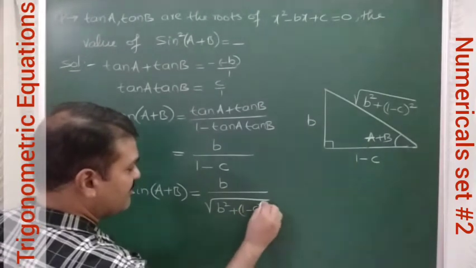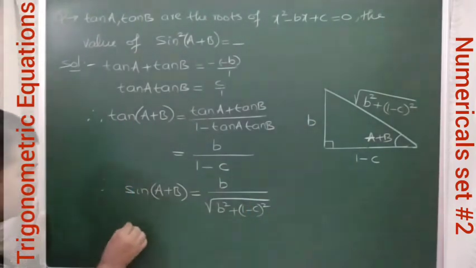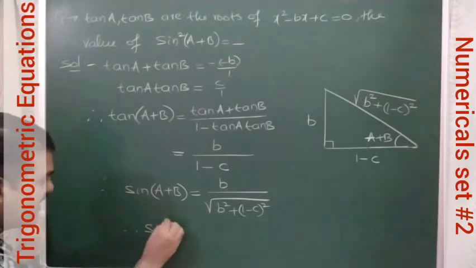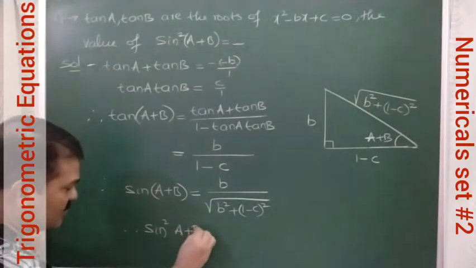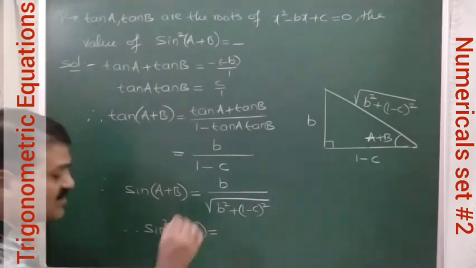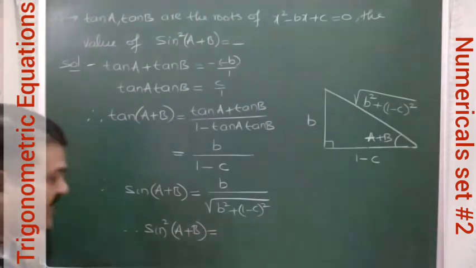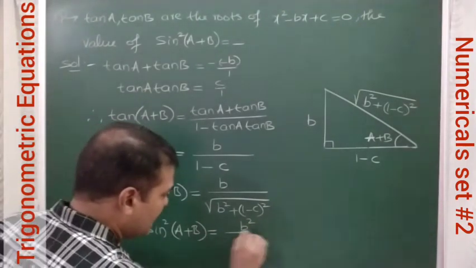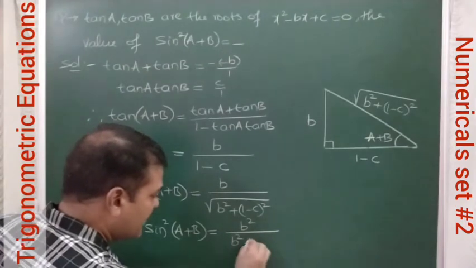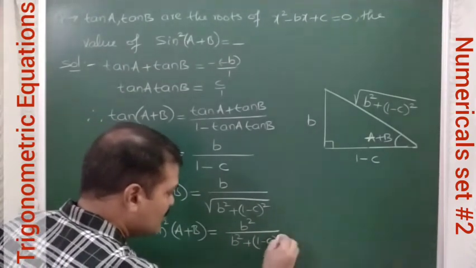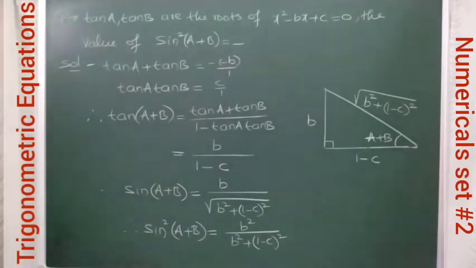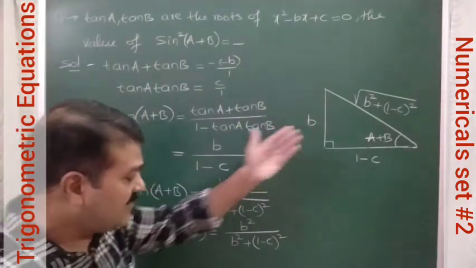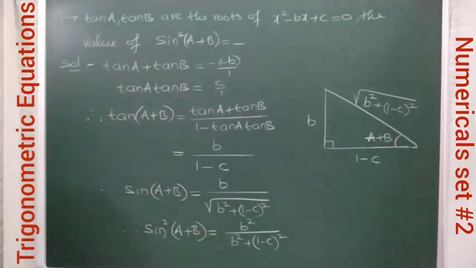So this is sin of (A plus B), and hence by squaring on both sides, sin square (A plus B) is b square by (b square plus (1 minus c) whole square). So this is the value of sin square (A plus B). Using tan of (A plus B) and the right angle triangle, we have derived this. Okay, so let us go to the next problem.